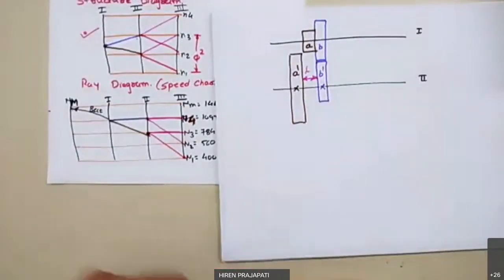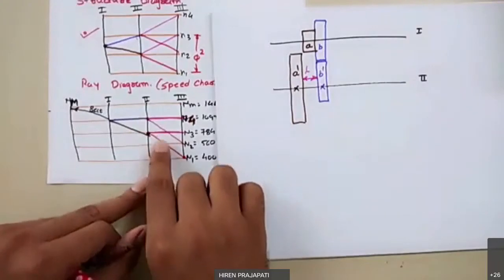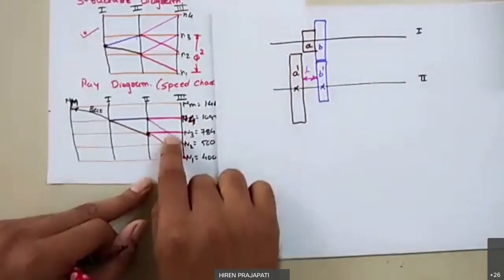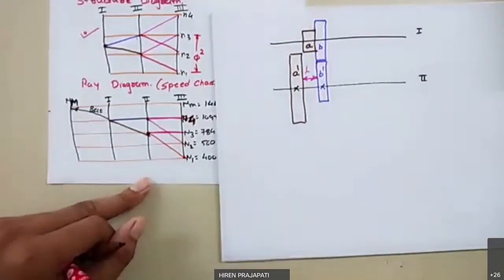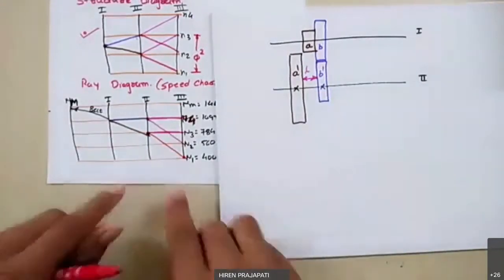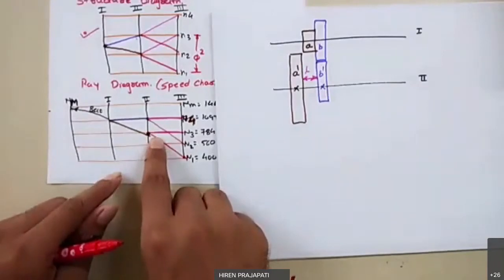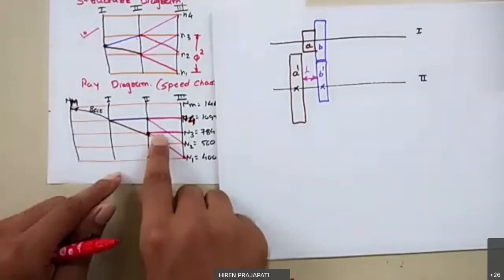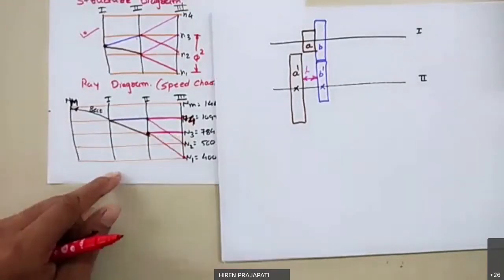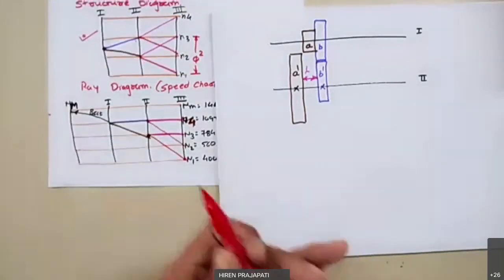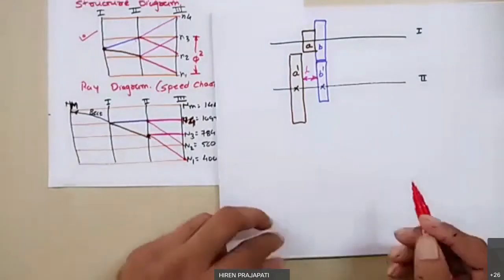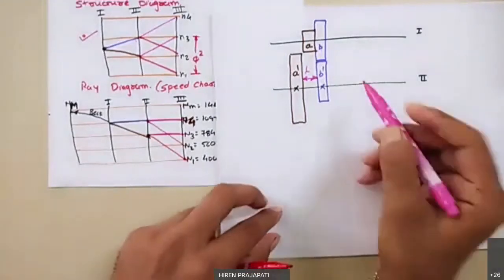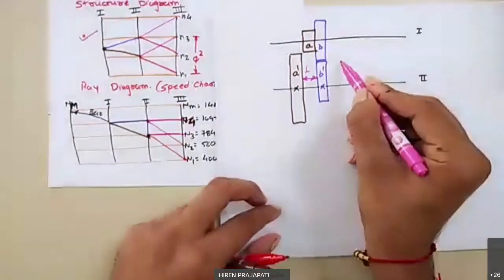Now, next about this second stage. The first stage is over. Now the second stage again has two splits, so we need to go for again two pairs. If you see here, this is giving reduction and this line is giving us the same speed. So suppose I consider another gear.